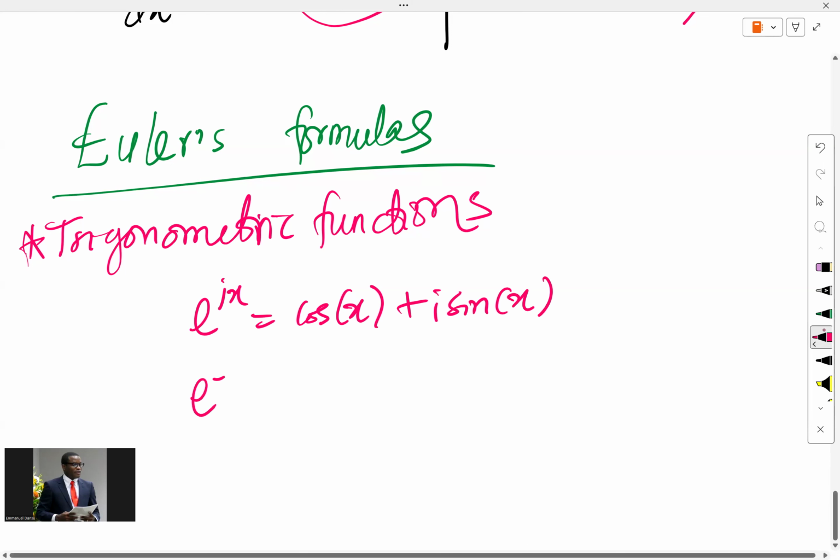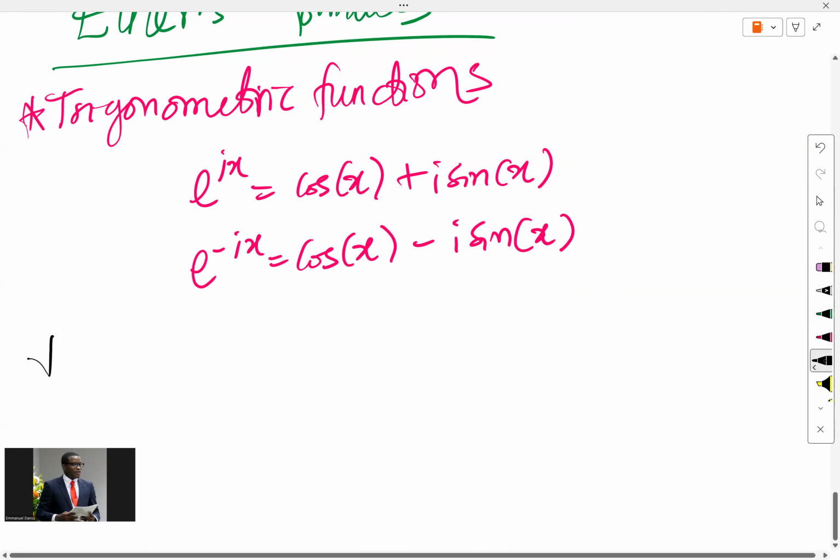And of course, e raised to power minus ix is equal to cos x minus i sin x. That goes.